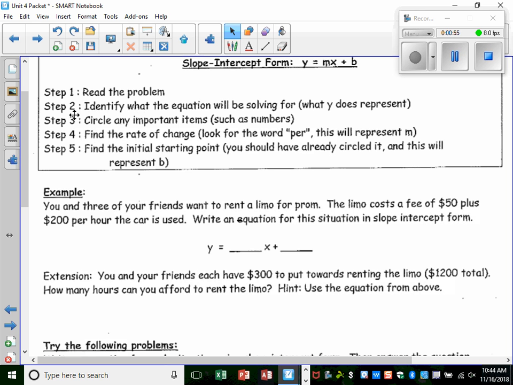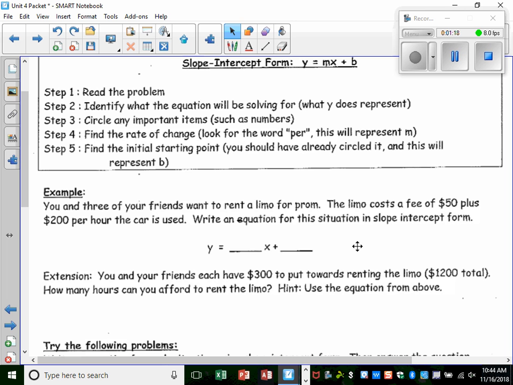If you go back up here, it says identify what the equation will be solving for, circle any important items, find the rate of change. That means you're looking for words like per or each, which would represent the slope, and what remains constant, of course, would represent your b.